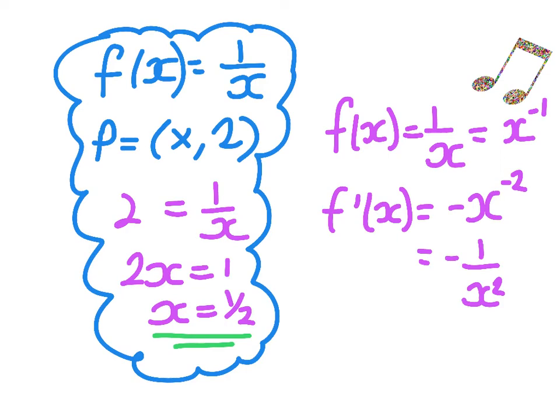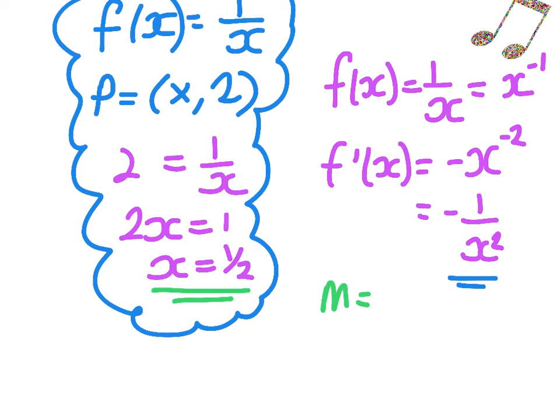Now here you'll really see how important it is to rearrange before substituting, because we couldn't go using x to the negative 2. It'd be too tricky for us to substitute in. We've been given the value of x to be a half. So we're going to find the gradient by substituting a half into this derivative.